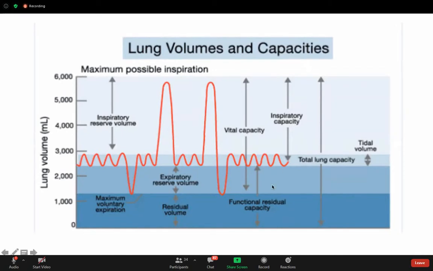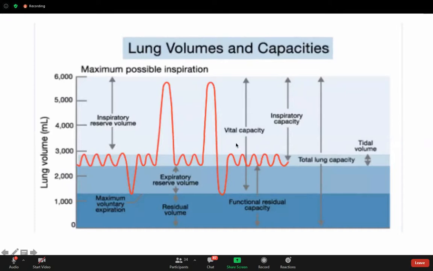The functional residual capacity is basically when you are taking in and out with the tidal volume, let's say breath that you are not aware of. You can actually, right after expiring some of the air, that's meaning you already have functional residual capacity. You weren't aware that it actually exists.